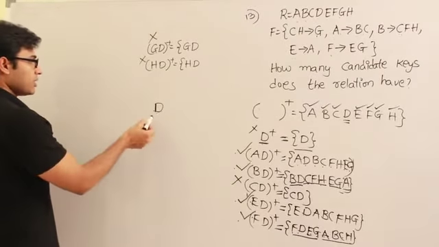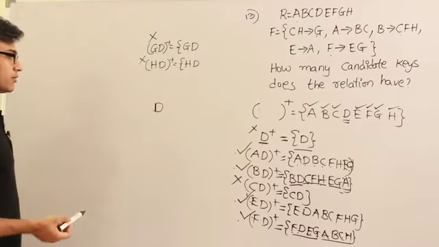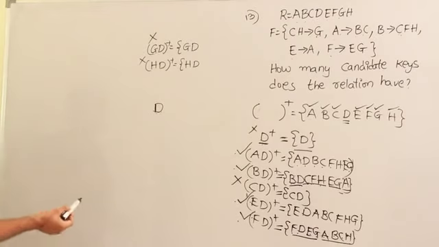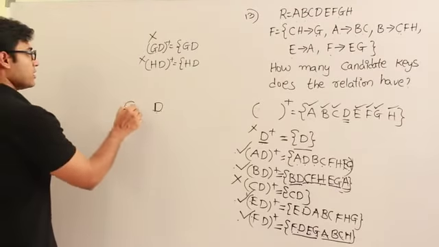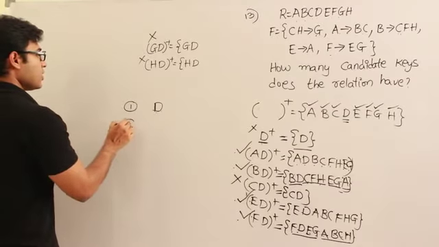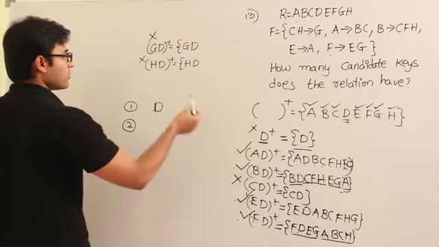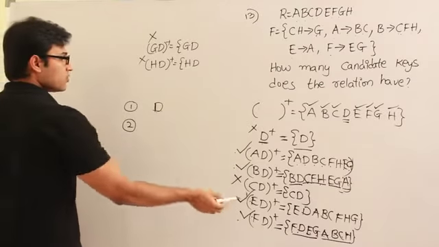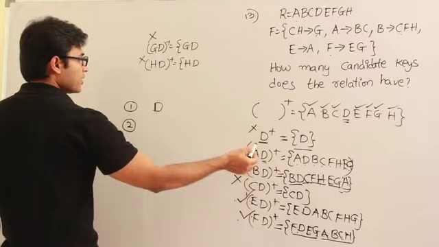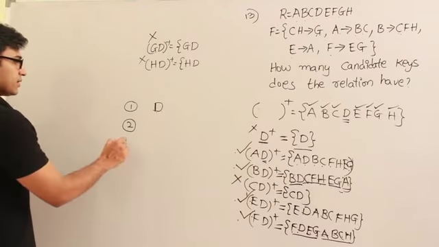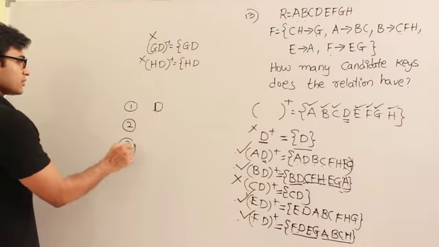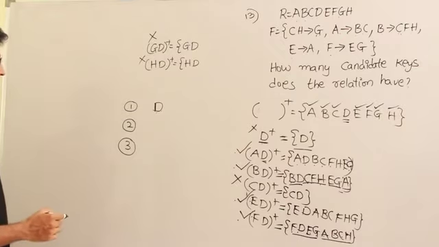Then the next level is I explored all the candidate keys which might contain two attributes. So I got all of them, right? And I got only these few because I already know that they should definitely contain D. Next thing is I have to explore all the candidate keys which might contain three attributes, right?